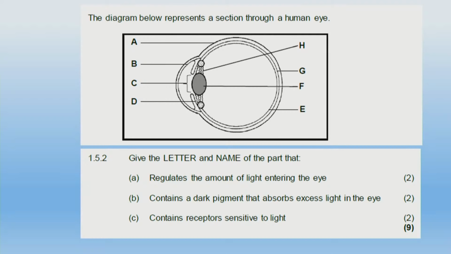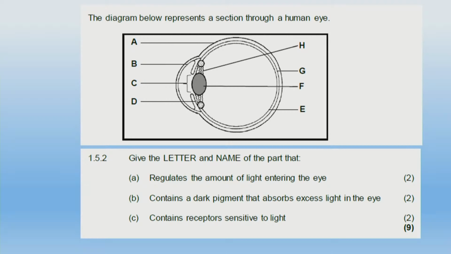And then the second question asks for the letter and the name of the part that contains a dark pigment that absorbs excess light in the eye. So that will be part number G. Here is part number G. And you still remember that part number G represents the choroid.